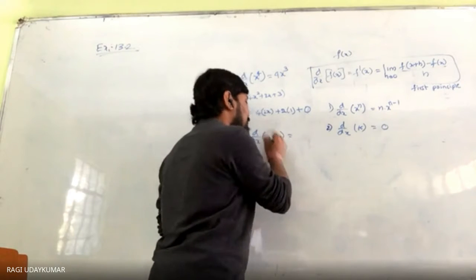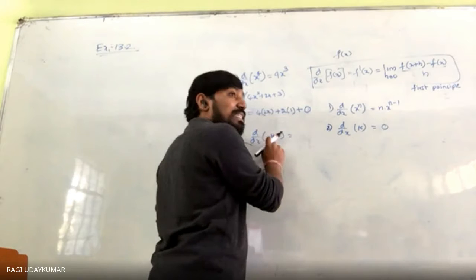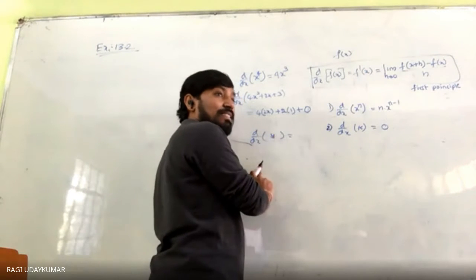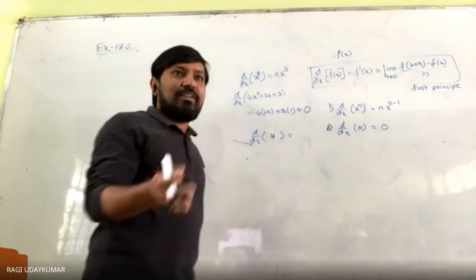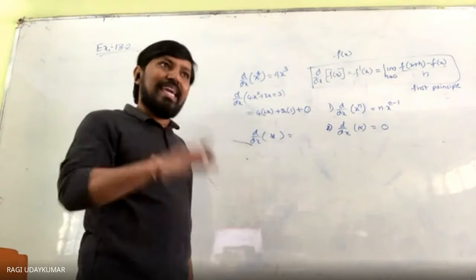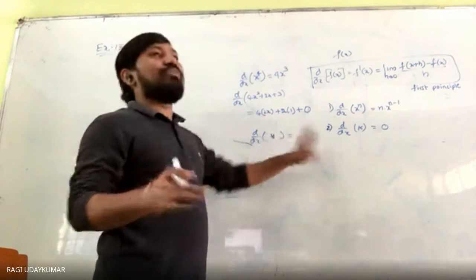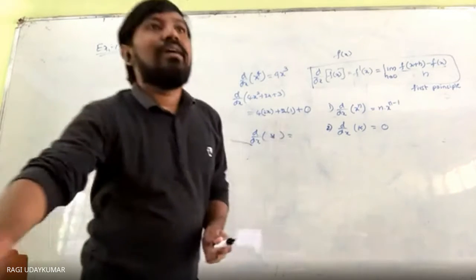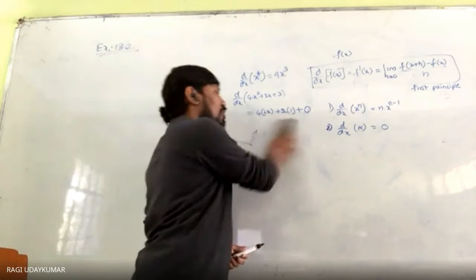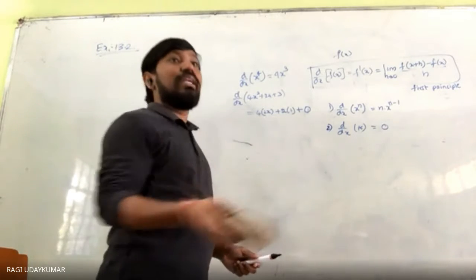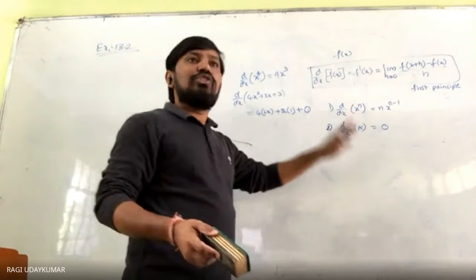D by dx of y, if y is not a function in terms of x, y is equal to f of x, so y is not x square, it is in another variable, then it becomes 0. So if it is not x, then it becomes 0. So the derivative of any constant is 0.